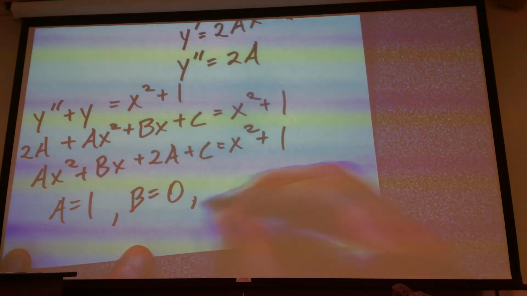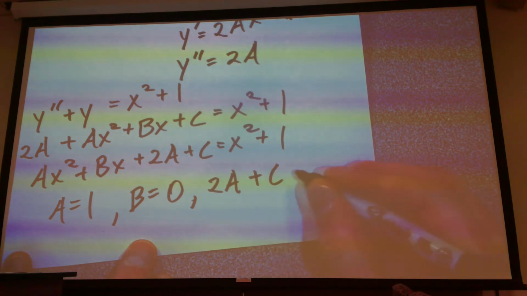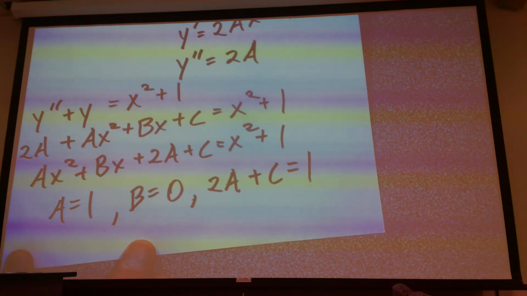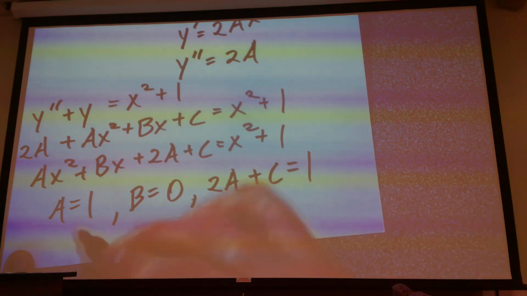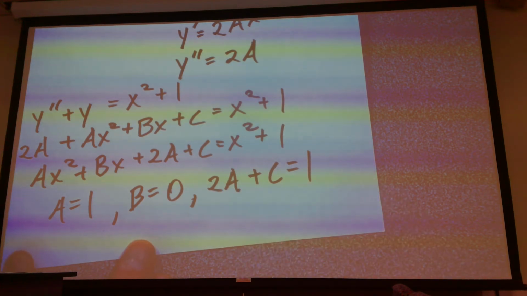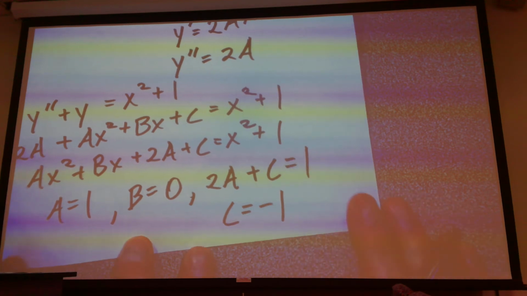And then we have this last one, 2a plus c is supposed to equal 1. But we already know that a is 1, so that's 2 plus c equals 1. If you subtract 2 from both sides, you get that c equals -1.